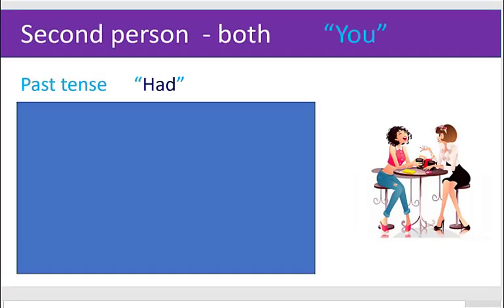Now we're moving on to the second person. Now the second person can either be plural or singular. So we're referring again to you. So we're staying in the past tense. And when we use you in the past tense, the verb have changes again to had. So let's have a look at some sentences.